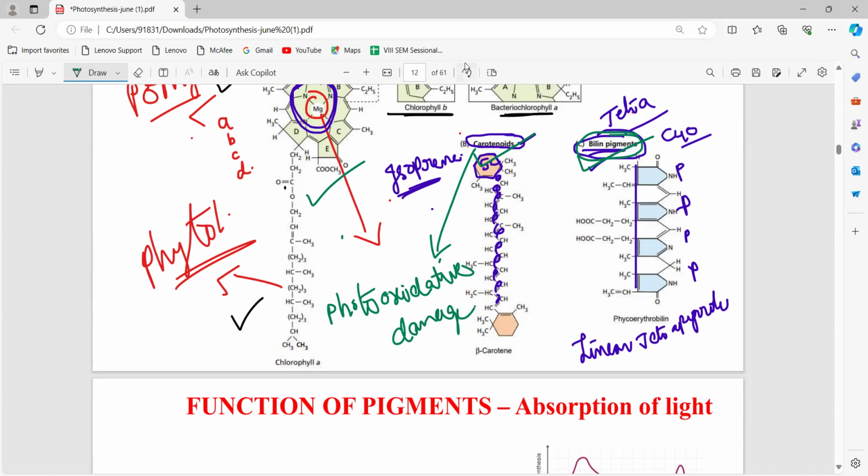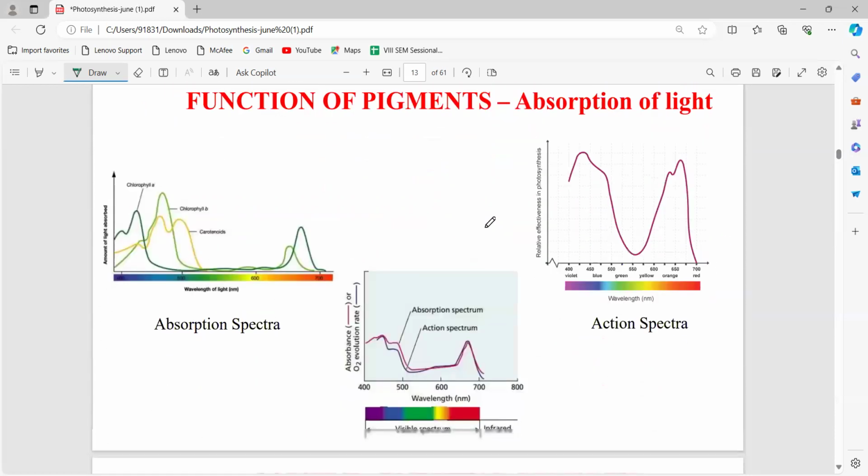No point of getting confused here. Very good. So what is the role of the carotenoid in the plant? Carotenoids actually act like scavengers, which prevent the excess of light from being absorbed by the plant. Don't get confused with the point.